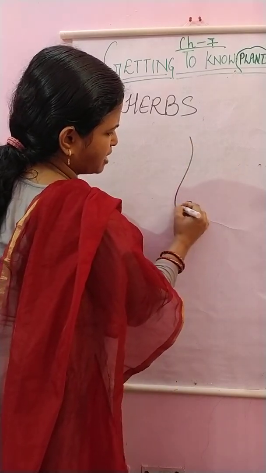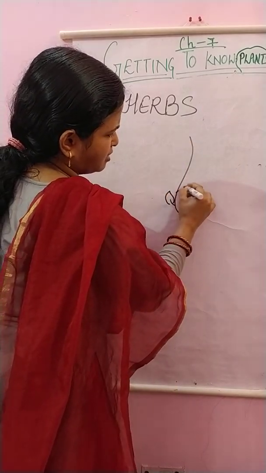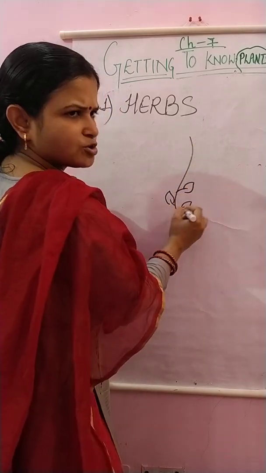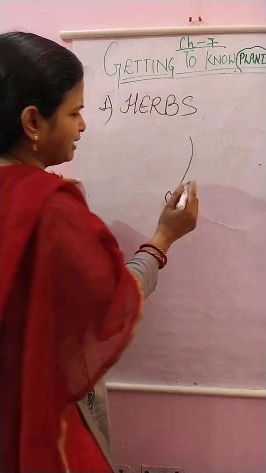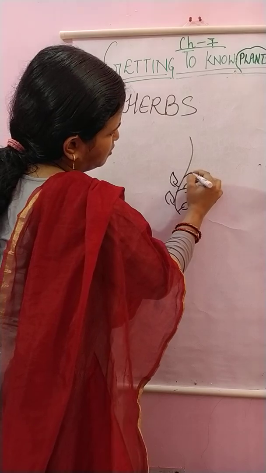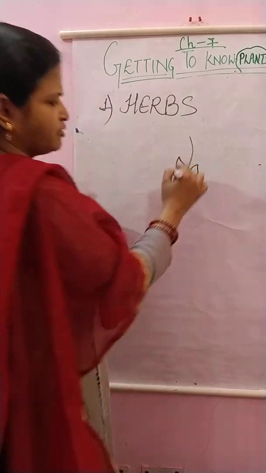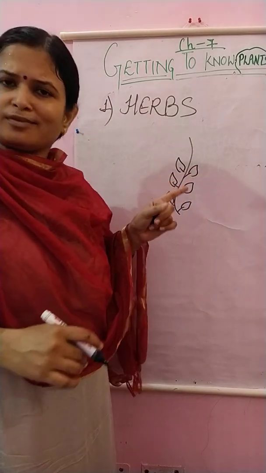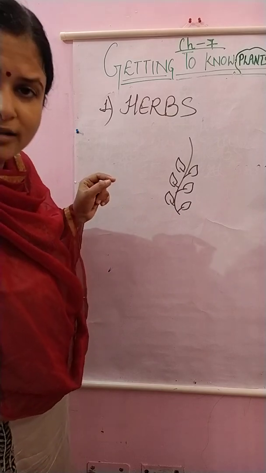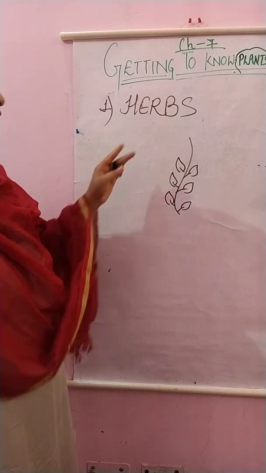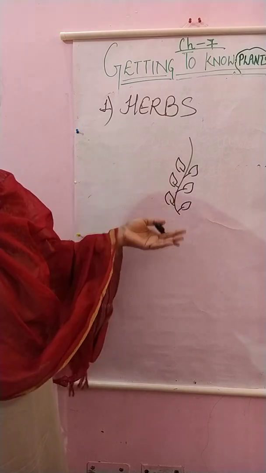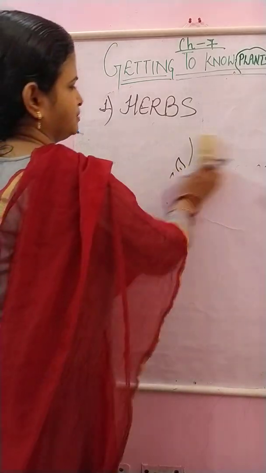They don't have any branches. Okay. Their stems are also very soft, very tender. You can easily bend them. Okay. So these are herbs, very small in size. Stems are green, soft, and also they don't have any branches.